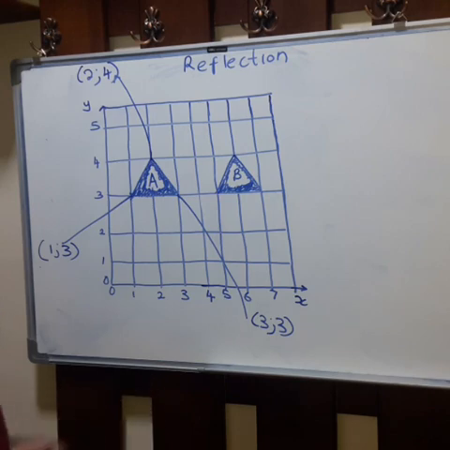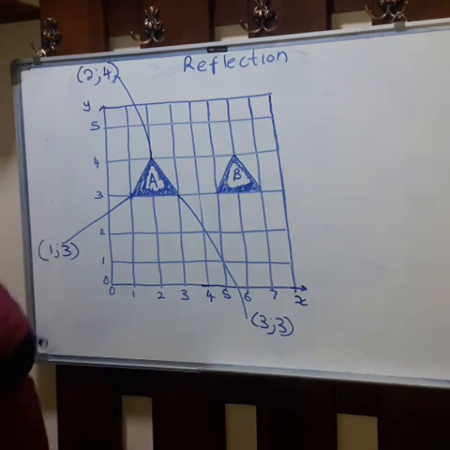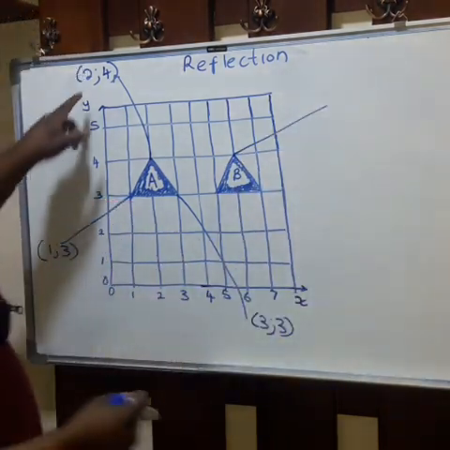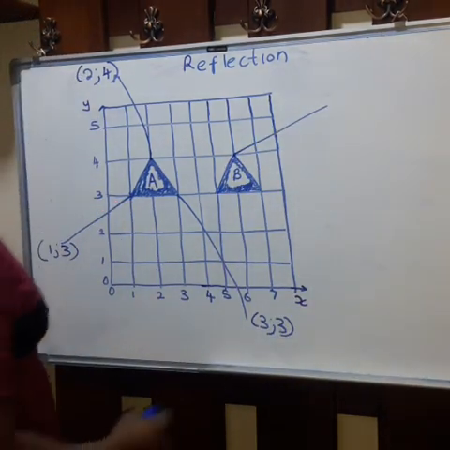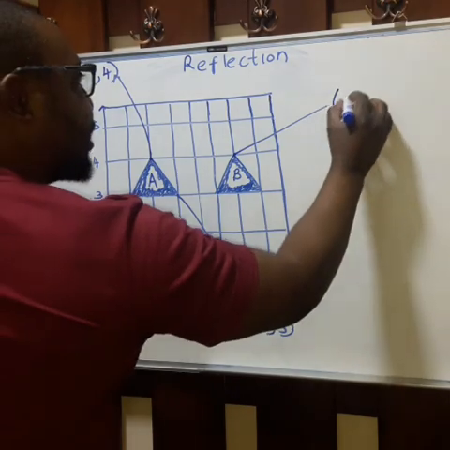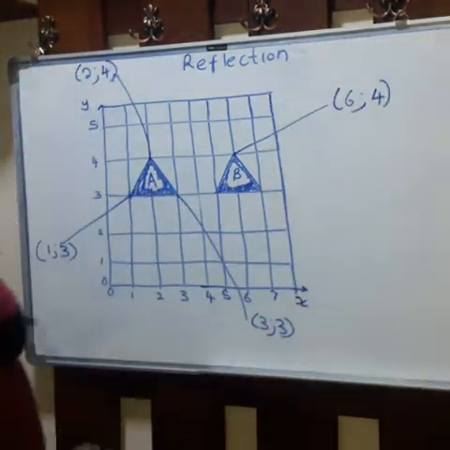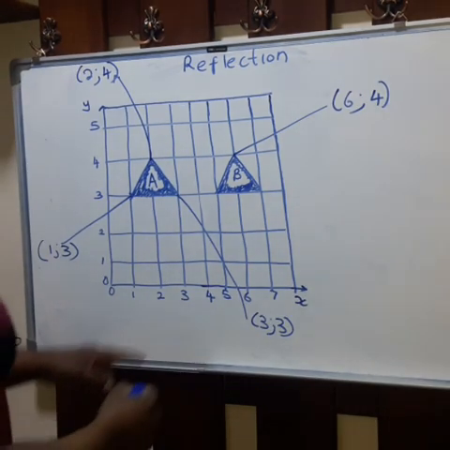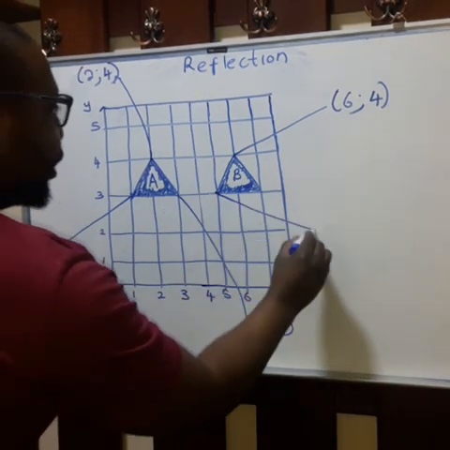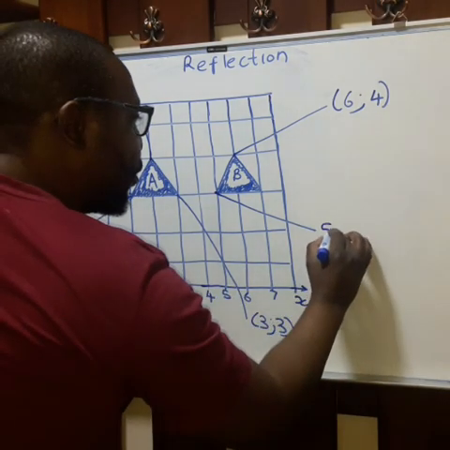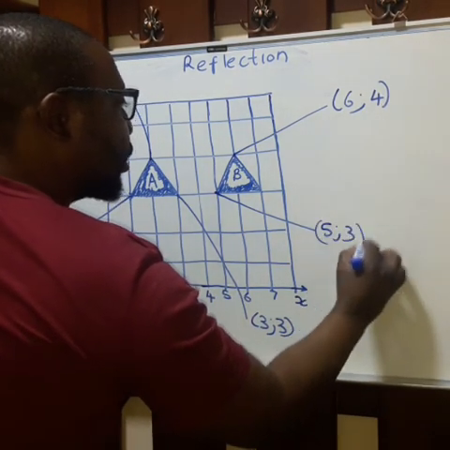Now we need to write the coordinates for shape B. So the top part is no longer 2, 4, right? The value of x is now 6, 4, okay? So there is a movement there. The other corner, which was initially 1, 3, is now 5, 3, okay?